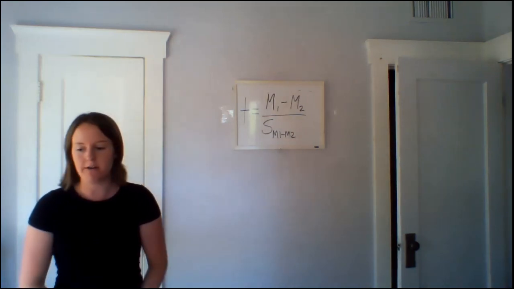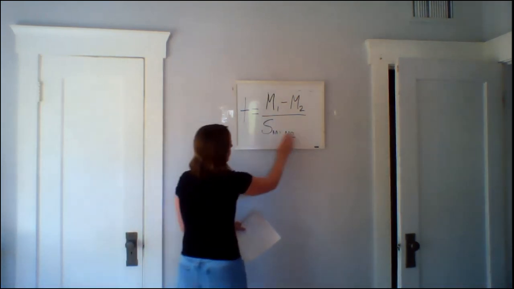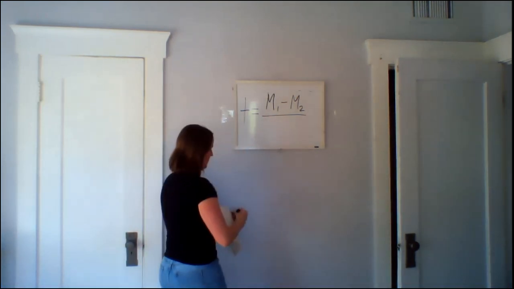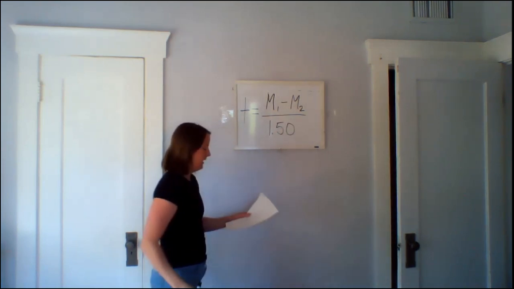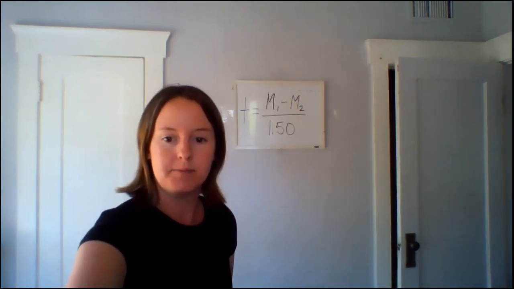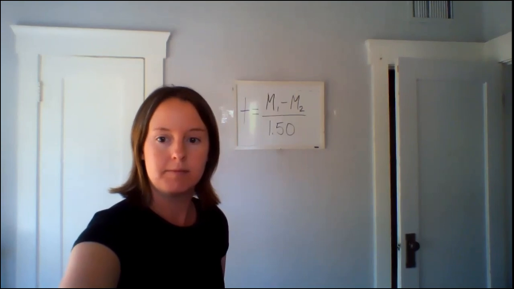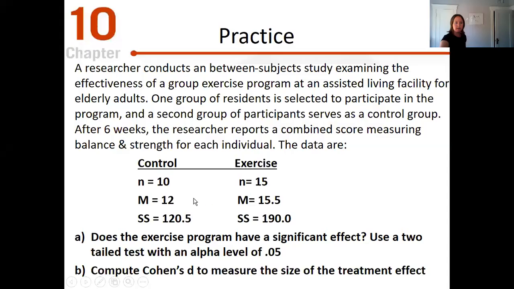Okay, so this is pretty straightforward now. The denominator is 1.5. We just calculated that. And what is the difference between the two groups? Okay, well, let's remind ourselves here.